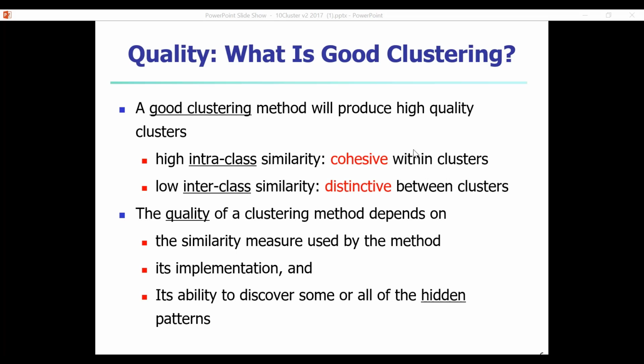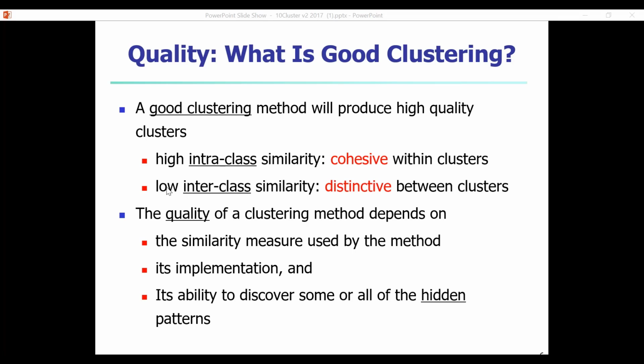Okay. Once you have clusters, how do you know whether those clusters are good or bad or better? Let's take a look. A good clustering method will produce high quality clusters. What that means is high intra-class similarity: in each cluster, the data should be cohesive or homogeneous.